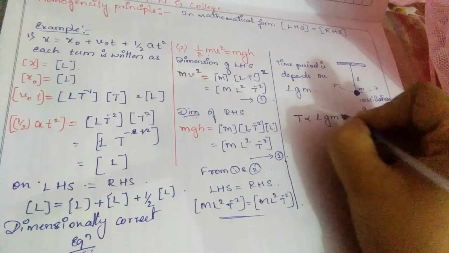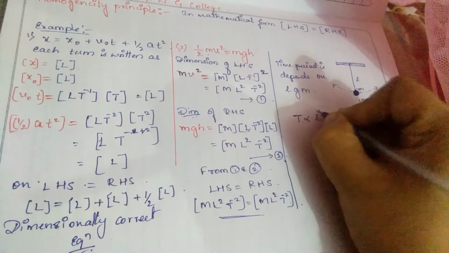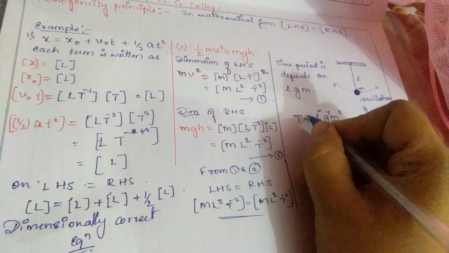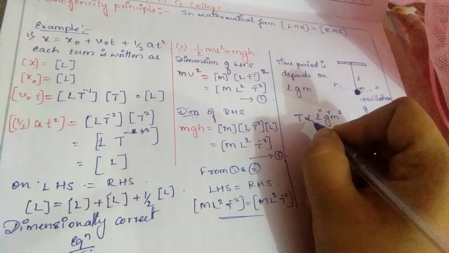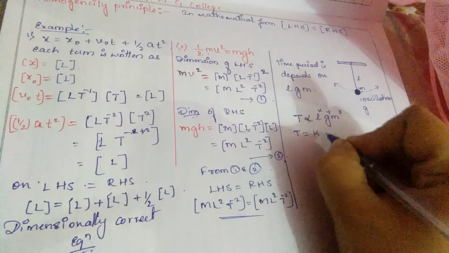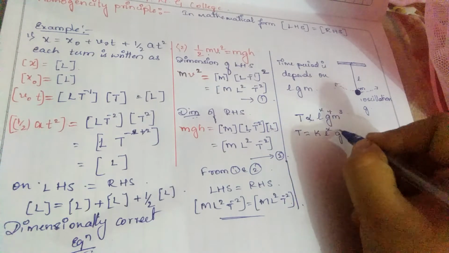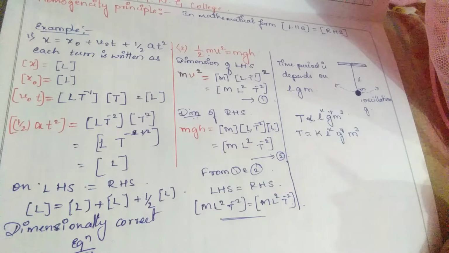We don't know the dimensional values, so that's why we are giving some values, x, y, z. To remove the proportionality sign, we substitute a proportionality constant, that is T equals k l to the power of x, g to the power of y, and m to the power of z.